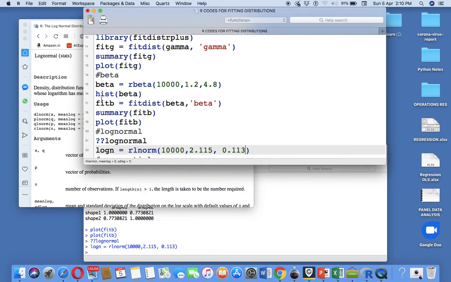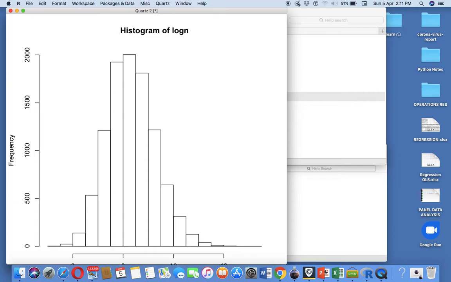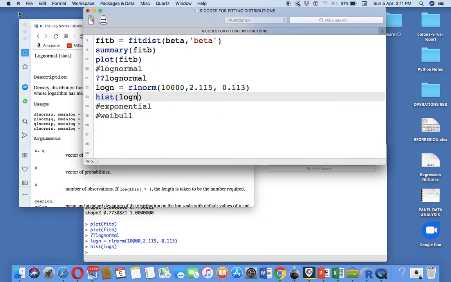Now let me look at the shape. For the shape, I'll go for hist. So you can see the pattern. Okay, LOGN. You get the histogram. Looks fairly normal. And if the parameters change, obviously this will also change.